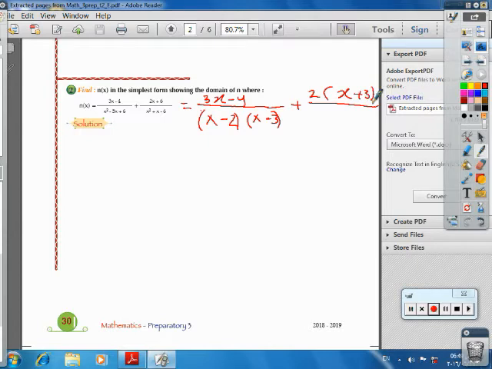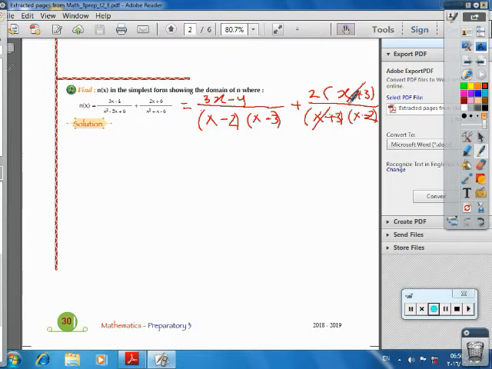In the denominator we can factorize also, x and another x, positive 3 and negative 2. Okay. Now we can cancel to simplify. We can cancel brackets. We can cancel x + 3 with x + 3.